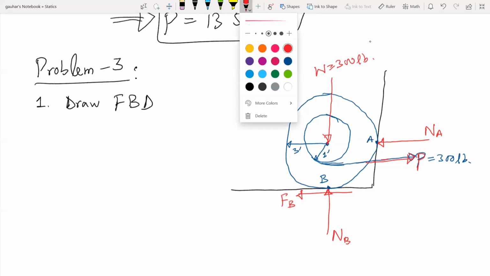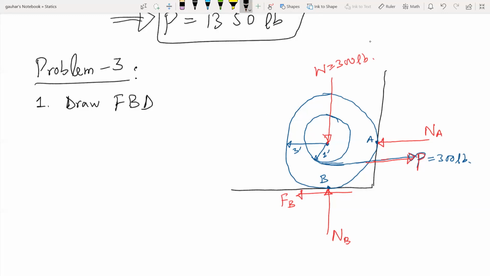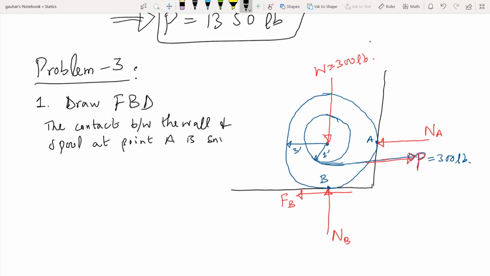And we can also write down something about point A: the contact between the wall and spool at point A is smooth.